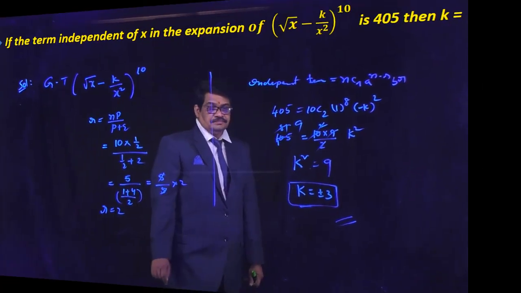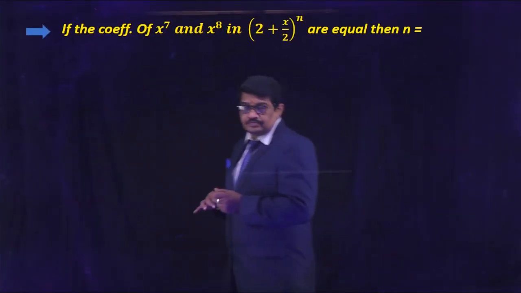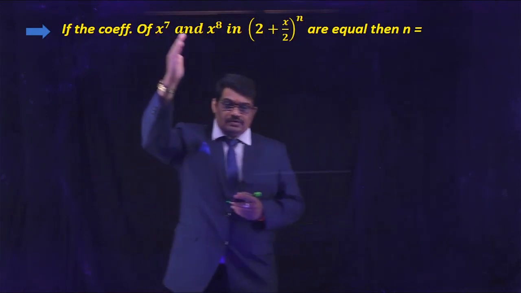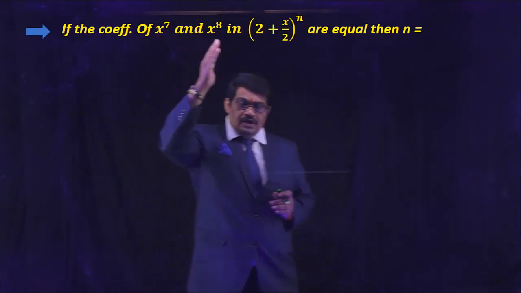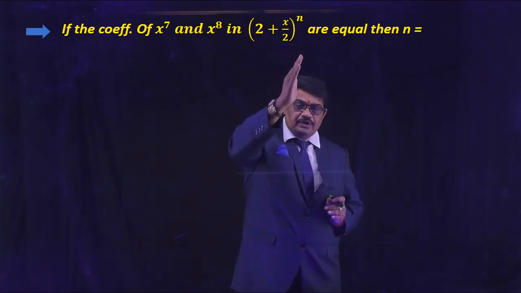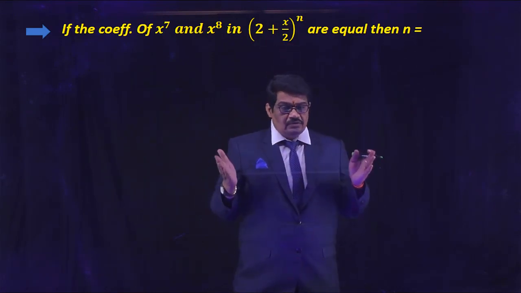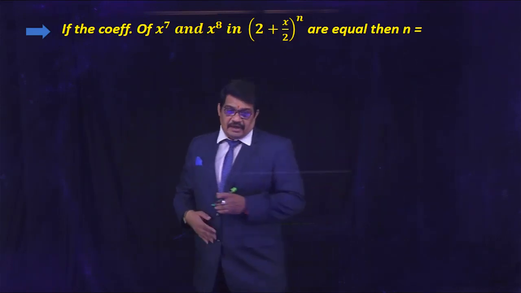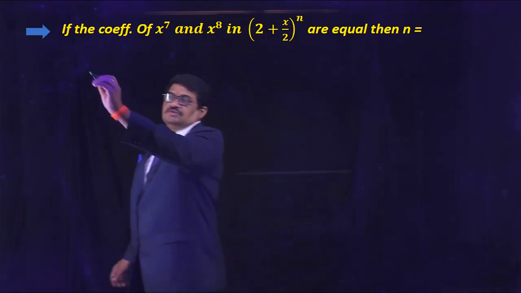Okay, see the problem. If the coefficients of x to the power of 7 and x to the power of 8 in the expansion of (2 + x/2)^n are equal, then the value of n? Okay, see the solution.